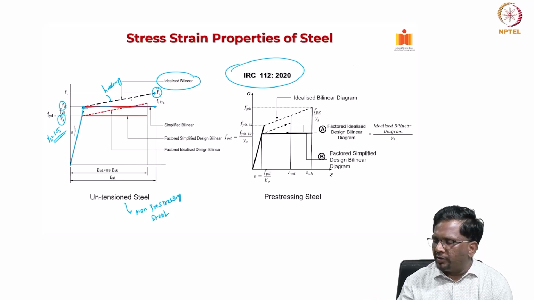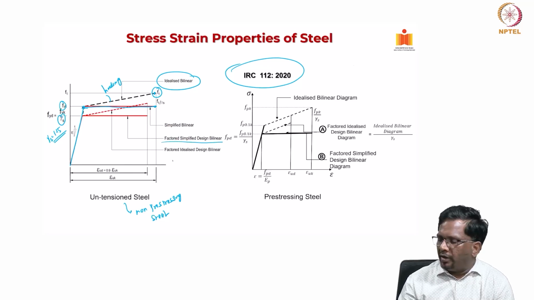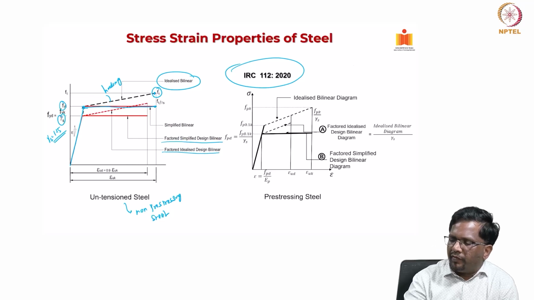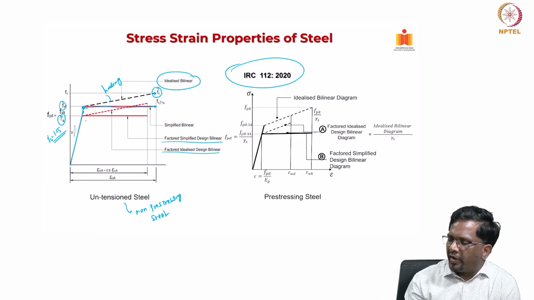This is called the factored idealized design bilinear curve. This is a design curve, right. So, this is your factored idealized bilinear curve.